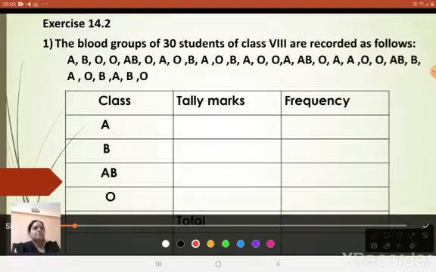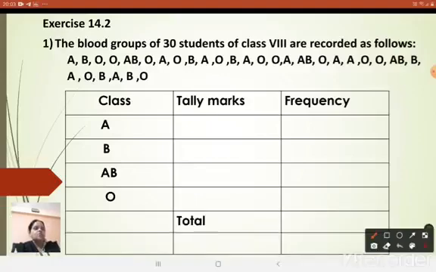So let us see how to solve this sum. Always remember, many students have a doubt about how to solve it or they are doing it in a wrong way. Just see how to solve. Always cut the first value A and put a tally mark in front of A. Cut the B, put the tally mark.